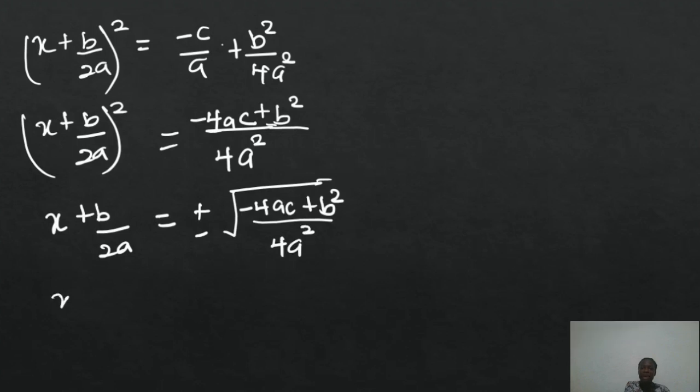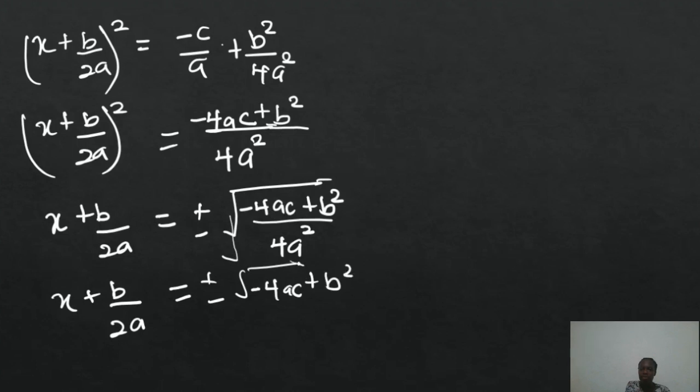Now we are going to get x plus b over 2a to be equal to plus or minus, now the square root of all this, you can write it as the square root of the numerator over the square root of the denominator. So we are going to get the square root of negative 4ac plus b squared all over the square root of 4a squared.